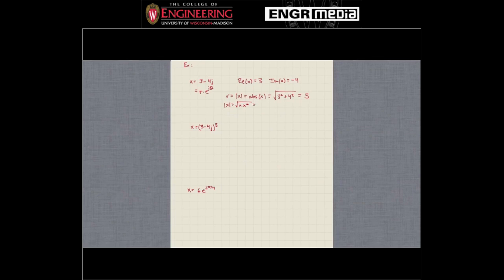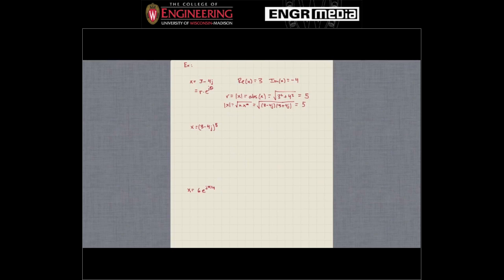So in our example here, that would just be the square root of the quantity 3 minus 4j, now times the conjugate of that quantity, which is 3 plus 4j. What you'll notice is that the cross terms cancel and we're just left with what we had above, and that equals 5.